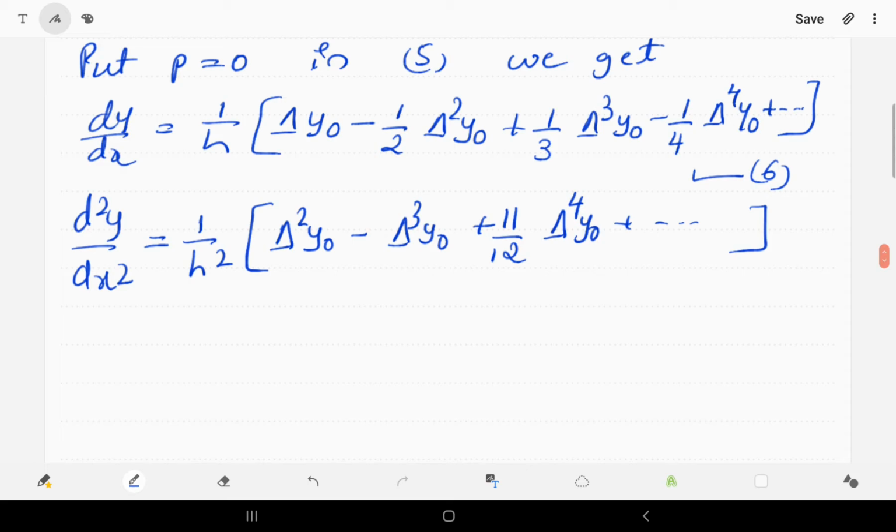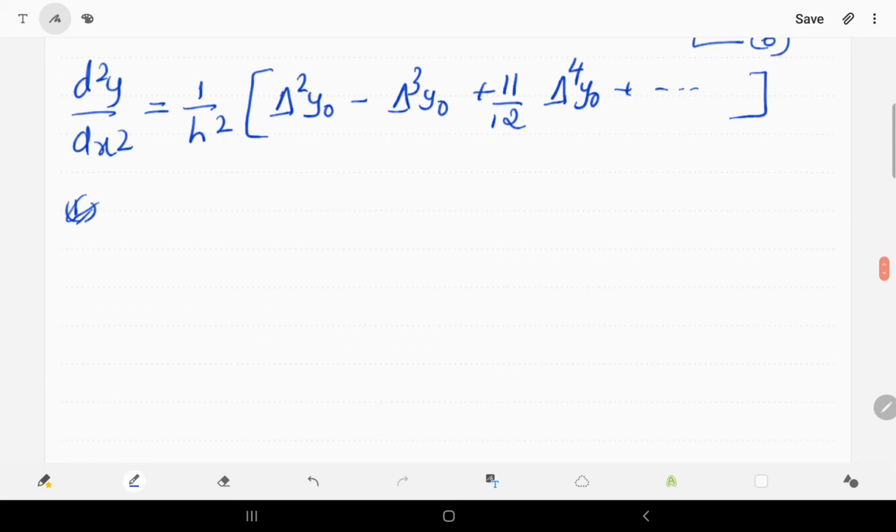Okay. Next, we will solve one example. Similarly, if you go for the backward difference formula, we derive in the same way.